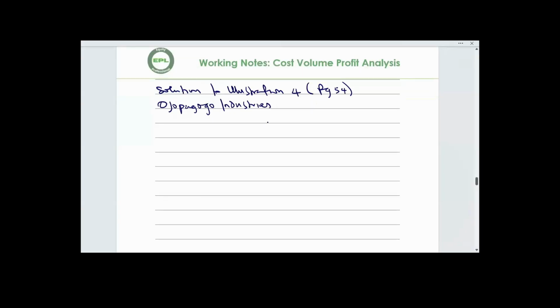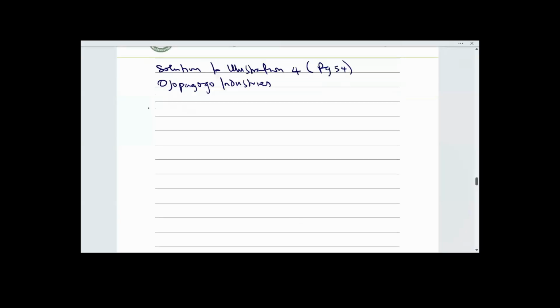So according to the question, number A requirements, Roman figure 1, you have to calculate profit volume ratio.